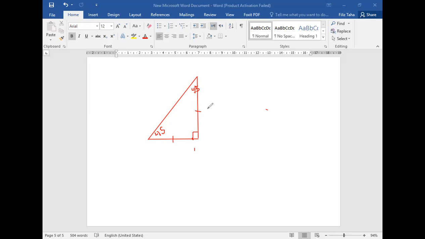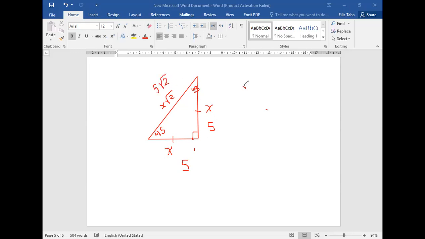Okay, so if I say that this one is x and this one is x, how will you find the third one? It will be x root 2, which means if this side equals 5 and this one equals 5, the other side will be 5 root 2.